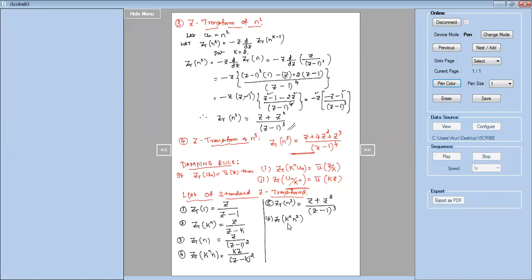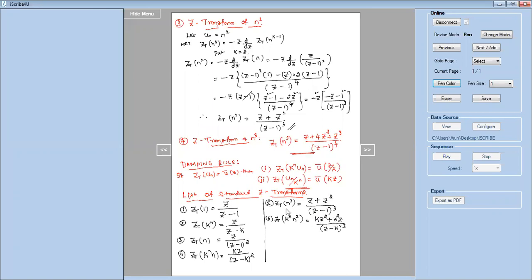So for k power n into n square, you have to put z equal to z by k in this formula. If I put z equal to z by k and simplify using this damping rule, we get kz square plus k square z divided by z minus k whole cube.